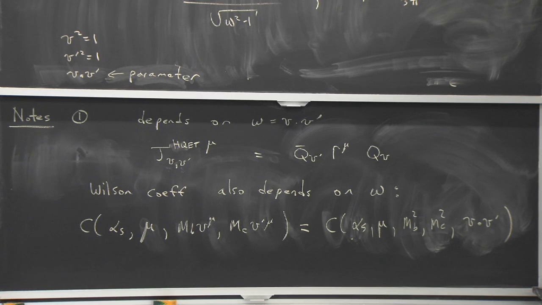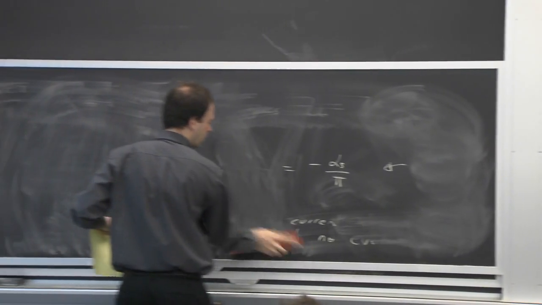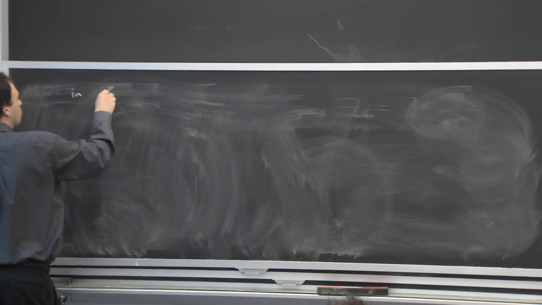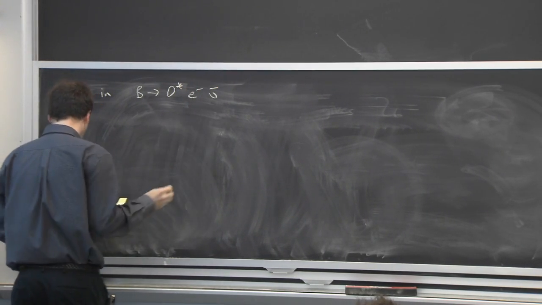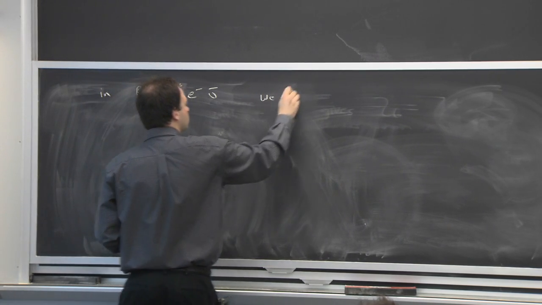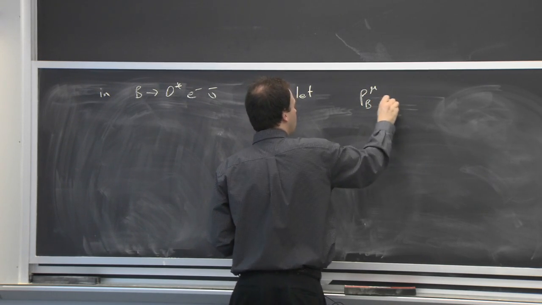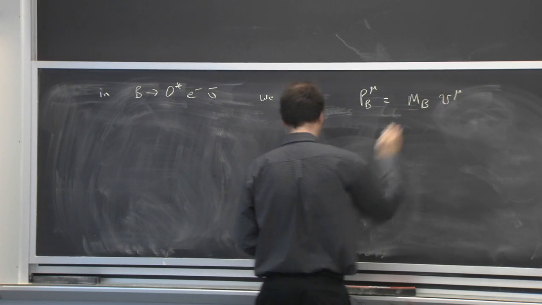So what should I take for the w? Well, we can work that out for an example like the one I was saying that we're doing, like B to D star l nu. Let me show you how that works. For the B meson, the momentum we can take to be m_B times v mu.